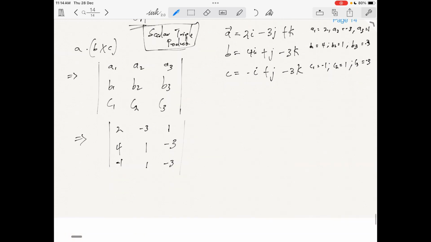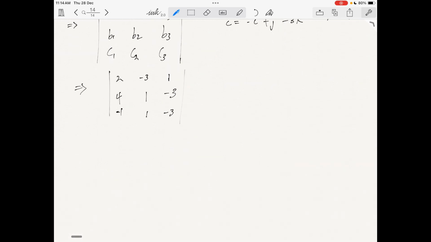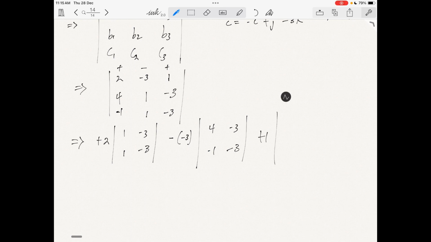Now with this done, we can solve this directly as a 3 by 3 matrix determinant. Remember it's still plus, minus, plus. So we have plus 2 into (1 times minus 3), minus minus 3 multiplied by (4 times minus 3 minus minus 1 times minus 3), plus 1 into (4 times 1 minus minus 1 times 1).